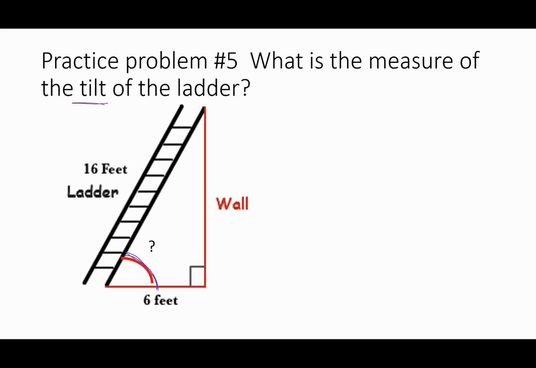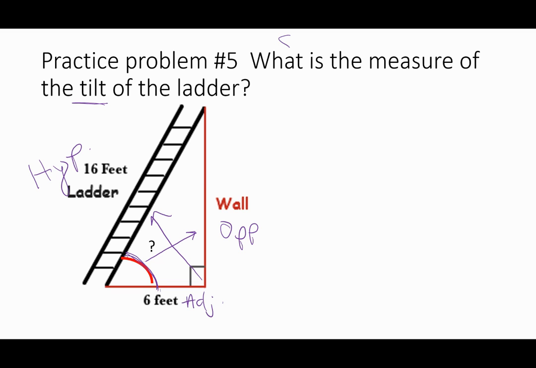So we have our reference angle. The one across from here is our opposite side. The one across from our 90 degrees is always our hypotenuse. And the one that's left, right next to our angle, is the adjacent.